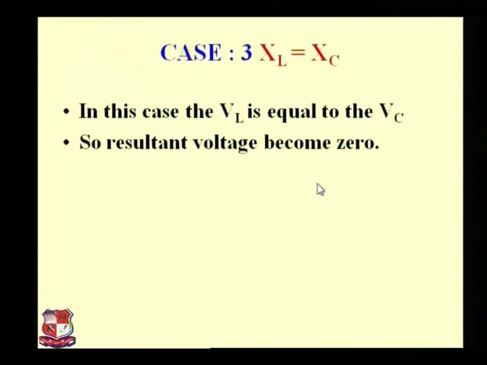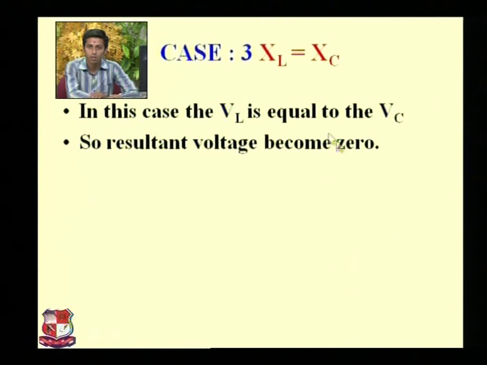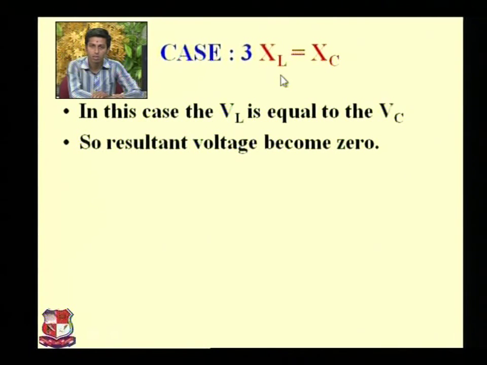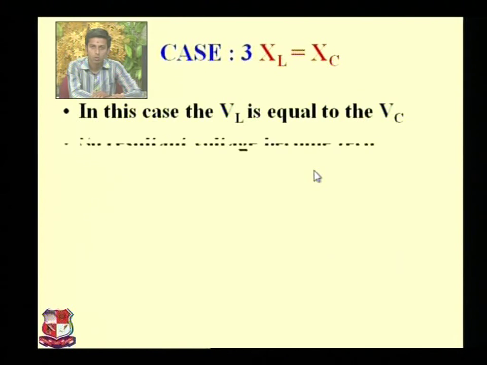That is the important point in our circuit. When both are equal, the resultant between them is 0, because whether we take VL minus VC or VC minus VL, both voltages are the same, so the difference is 0.